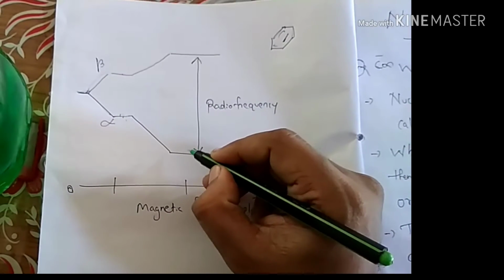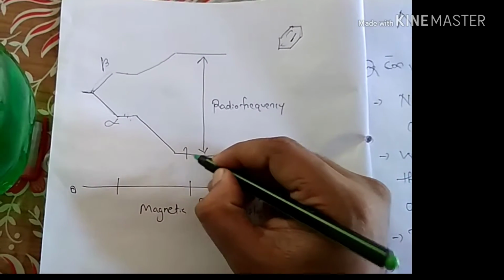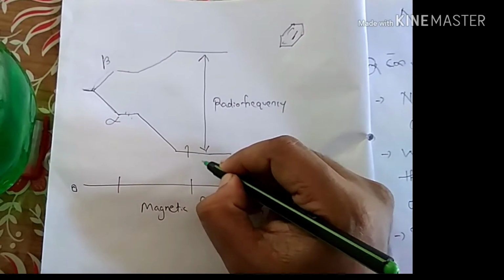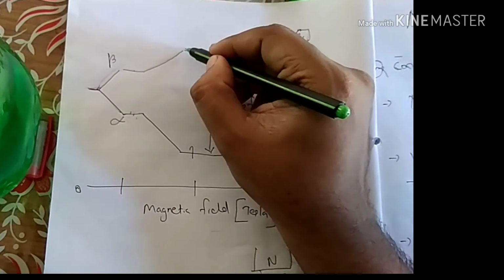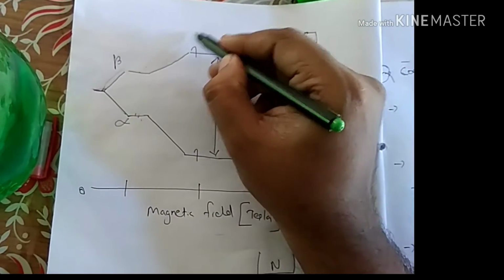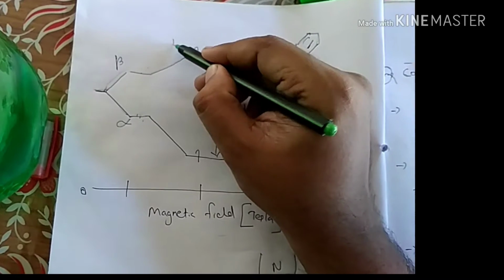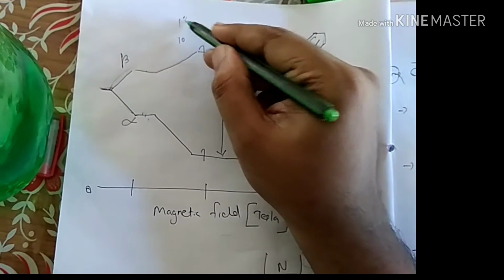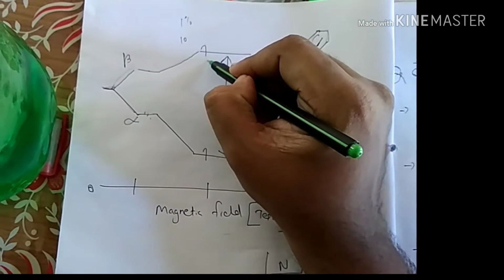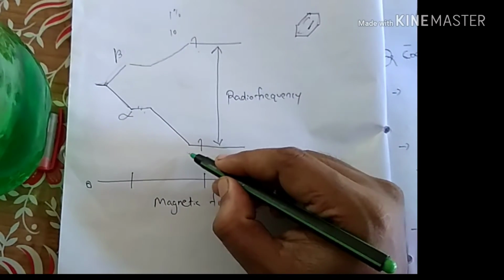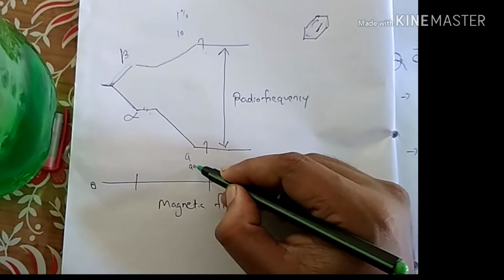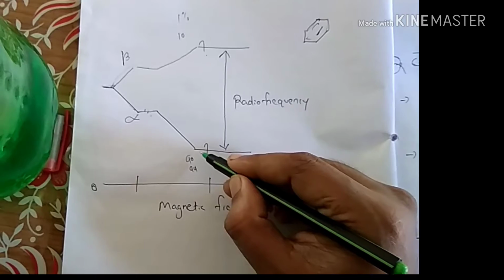When we apply radio frequency, some of the nuclei are in the alpha spin state and some are in the beta spin state. Originally, very few, almost 10% or almost 1% of the nuclei, will be in the beta spin state, but 90% or 99% of the nuclei will be in the alpha spin state.